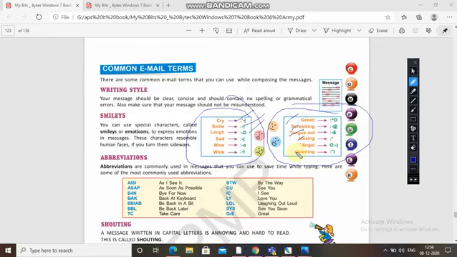Now, abbreviations. Abbreviations are commonly used in messages to save time while typing. Here are some of the most commonly used abbreviations, and there are many more which you use in typing. AISI, as I see it. ASAP, as soon as possible. BAK, back at keyboard.